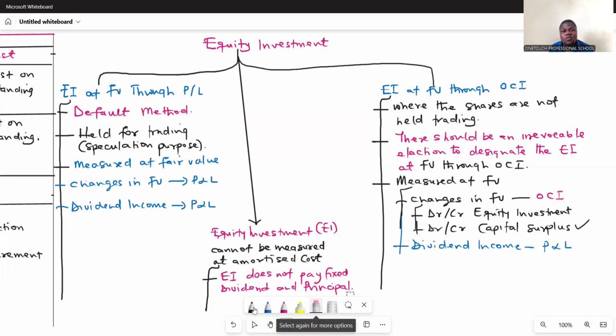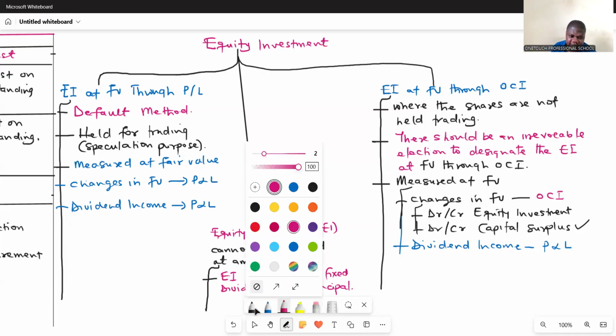Now, once the asset is sold, any cumulative gain or loss in the capital surplus is transferred to the retained earnings account. Did you get it?